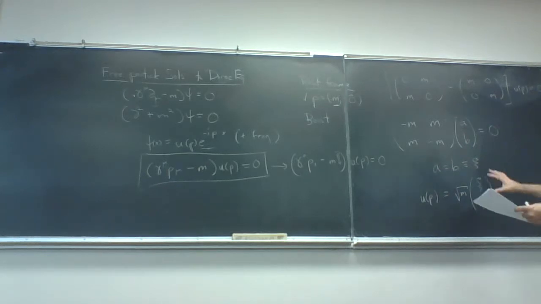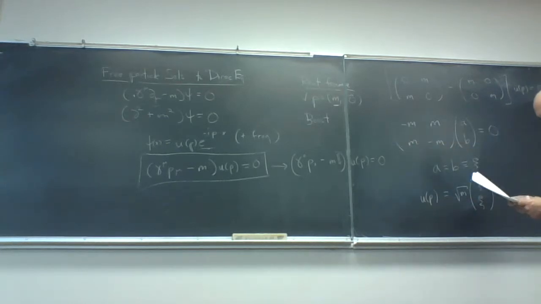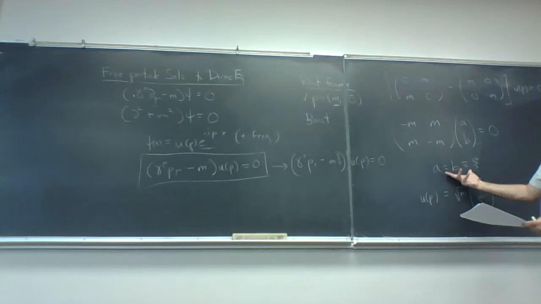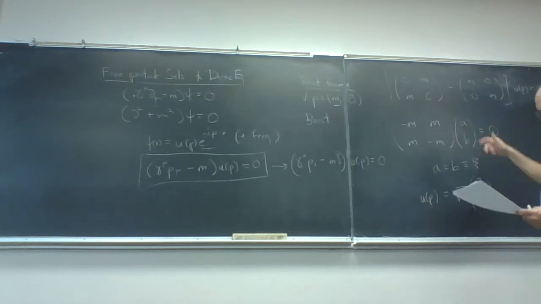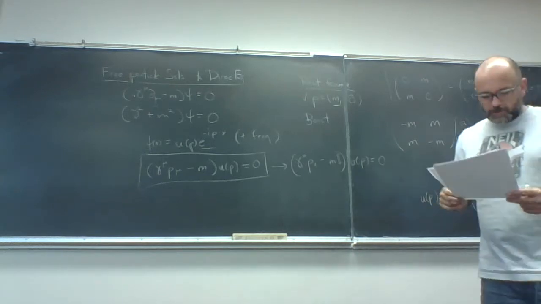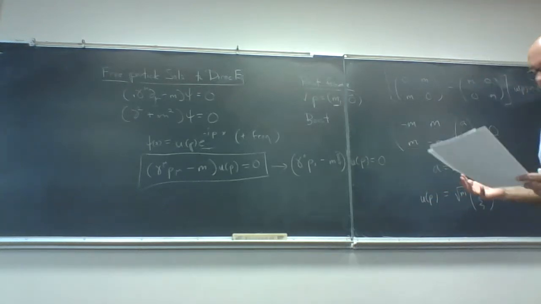All right, so we see that when you apply the Dirac equation, this constrains you so that you can only choose two of the four components of your spinor, right? And that's what we would expect for a spin 1/2 particle, right?